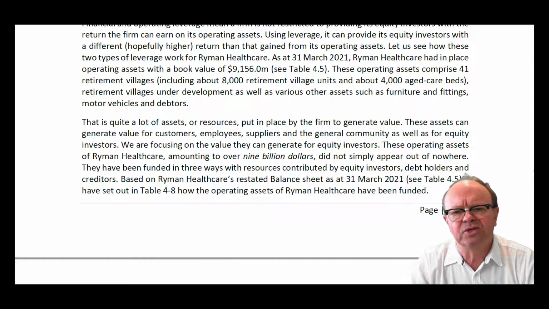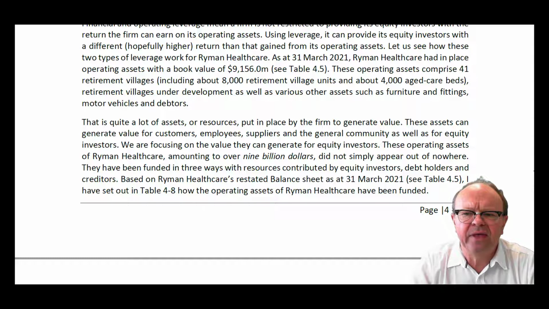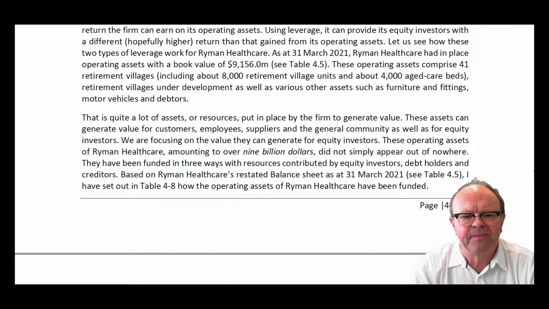As at 31 March 2021, Ryman Healthcare had in place operating assets with a book value of $9,156.0 million. See Table 4.5. These operating assets comprise 41 retirement villages, including about 8,000 retirement village units and about 4,000 aged care beds, retirement villages under development, as well as various other assets such as furniture and fittings, motor vehicles and debtors.